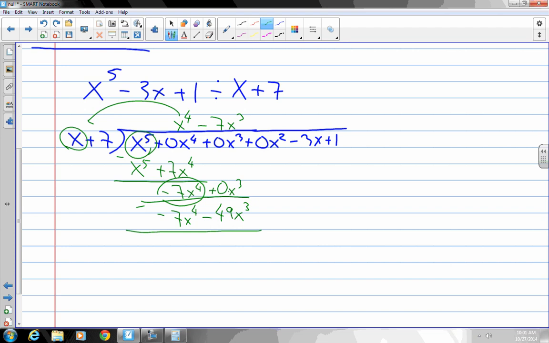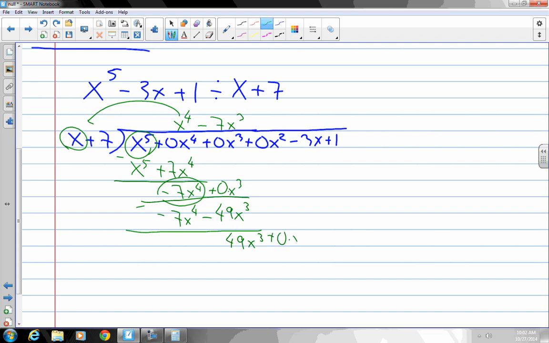Then you have 0 minus 49, so it's negative 49x cubed. Is that okay? Oh, no, it's not. It's positive 49, right? Why is it positive? Because we're subtracting negative 49, so 0 minus negative 49 is positive 49.